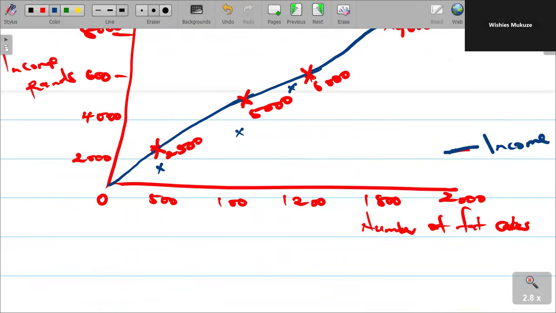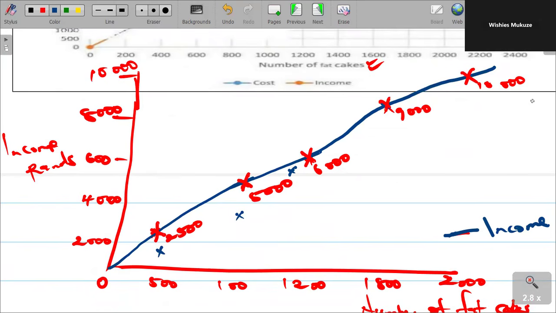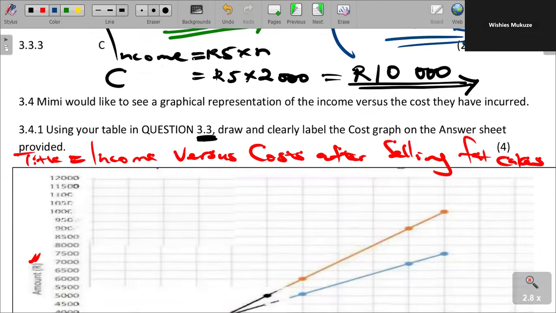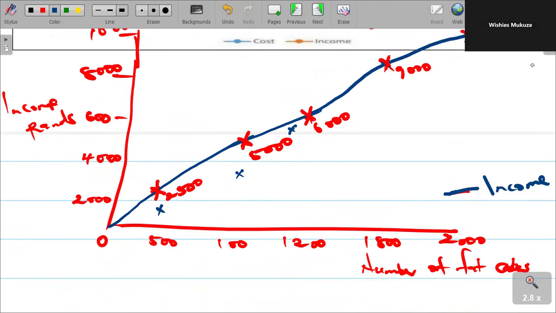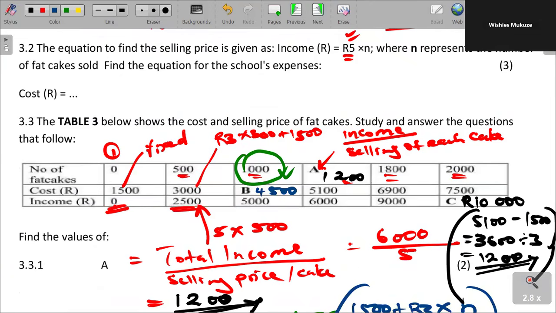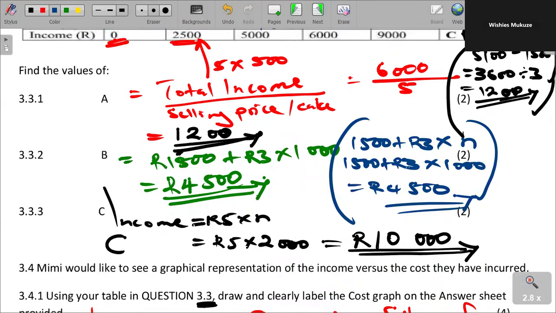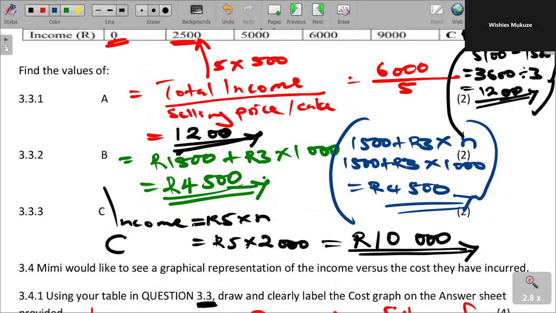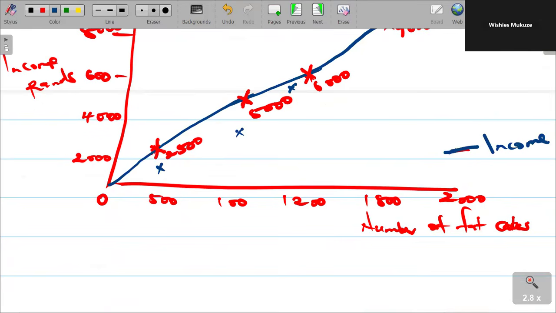So it's a matter of just measuring and marking these points, class. We are marking these points to say at 1,200, how much? We say 1,200 is 5.1, and then 6.5, 6.9, and 7.5.